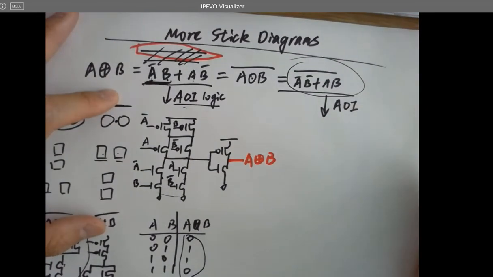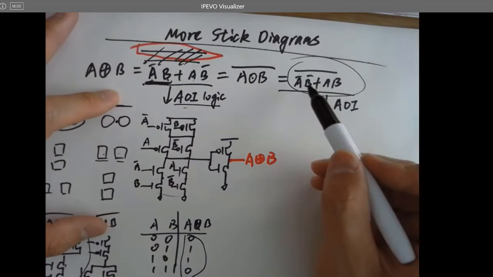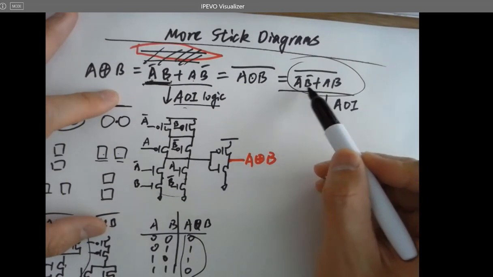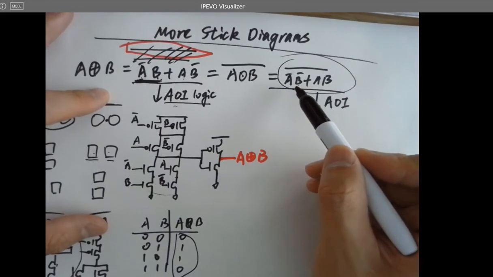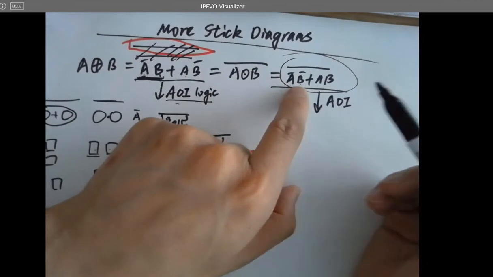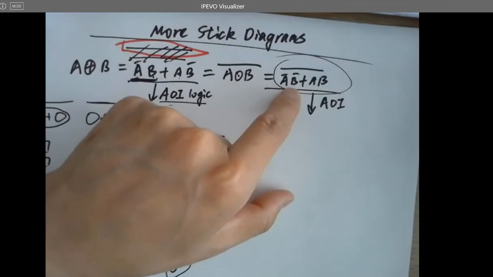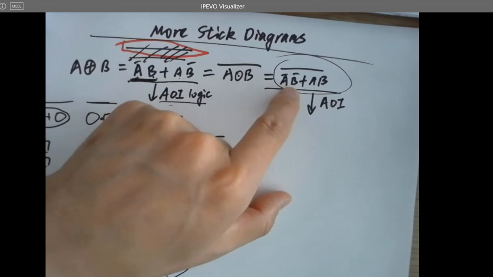See how that works. Start with these two signals. That's the AND logic, right? You need the two PMOSes on top. I start with the PMOSes, and these two signals are being shorted to the gates of the two PMOSes. And these two PMOSes should be in parallel or in series.